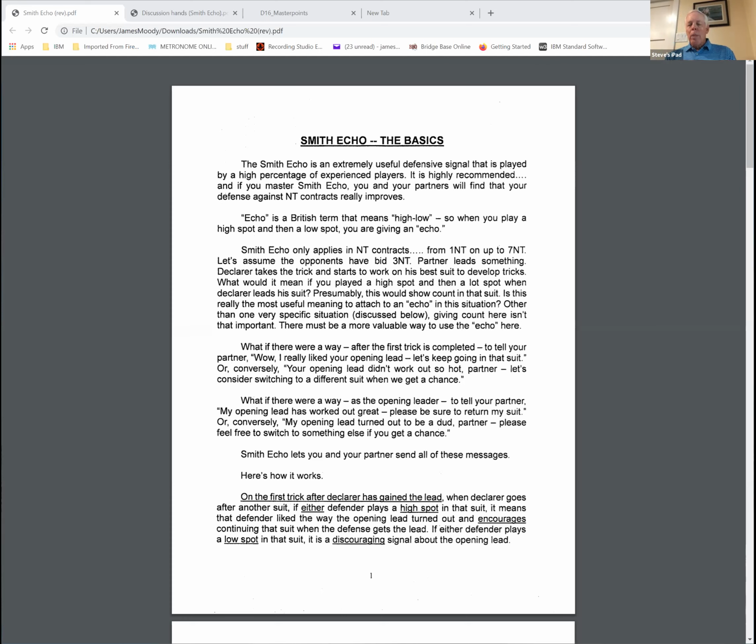And so playing your spot cards in a certain way can be used to send a different message other than count. Now, there is one specific situation where count is top priority, and we'll get to that in a minute. But other than that, usually count is not that big of a deal, and it's a better message if you can do something else.